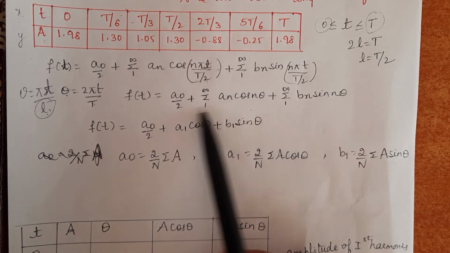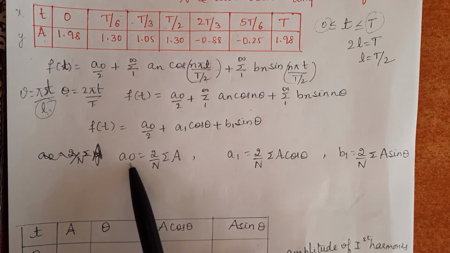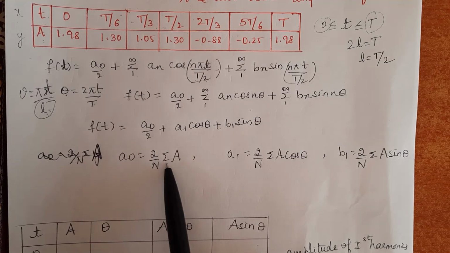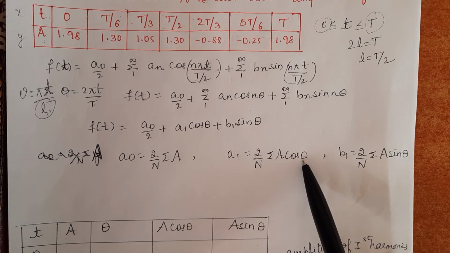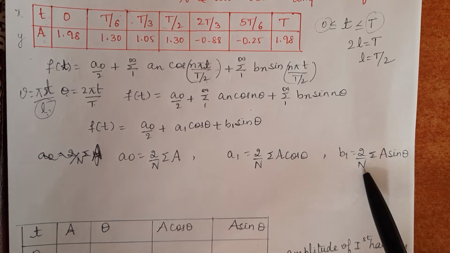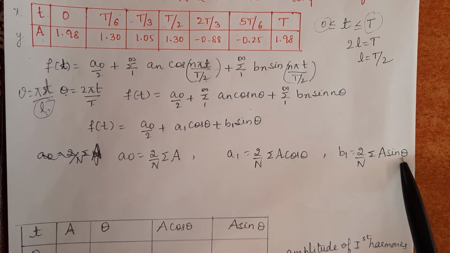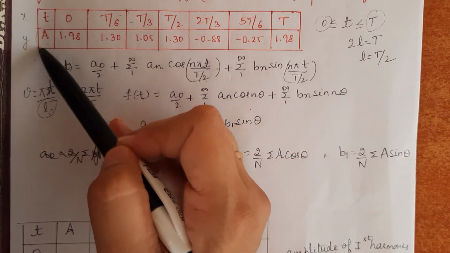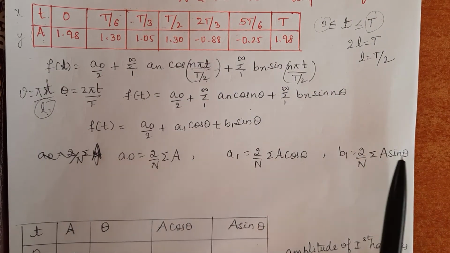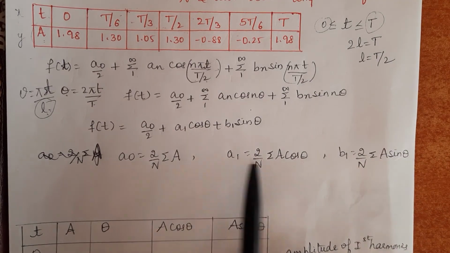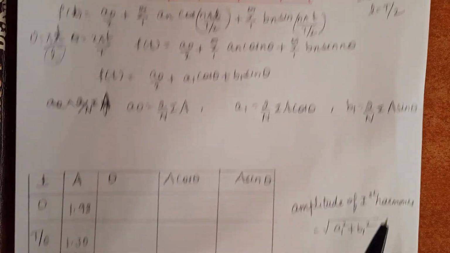This is up to first harmonics, where A0 is given by 2 by n summation A, A1 is 2 by n summation A cos theta, B1 is 2 by n summation A sin theta. Because in place of y I have A, so in place of y in the formula I am writing it as A. So to calculate all these values, let us construct the table like this.